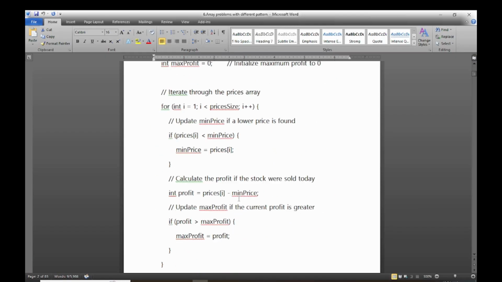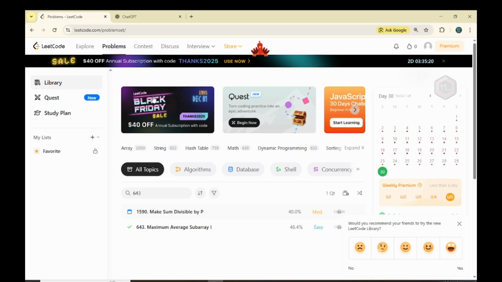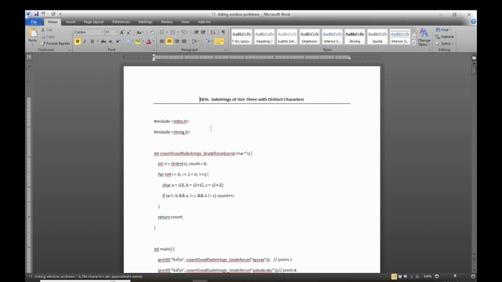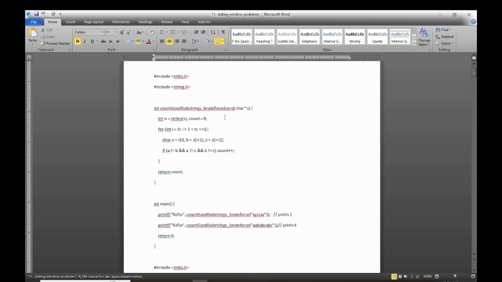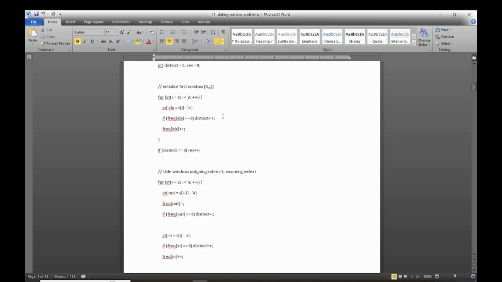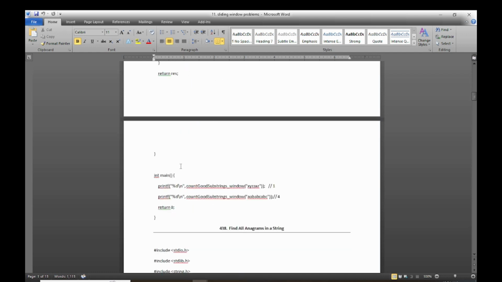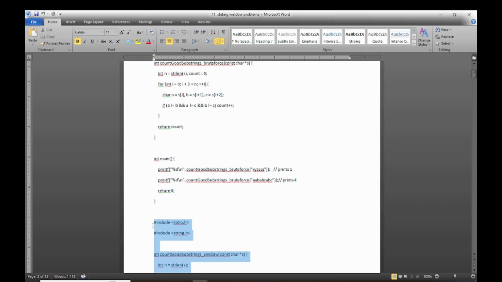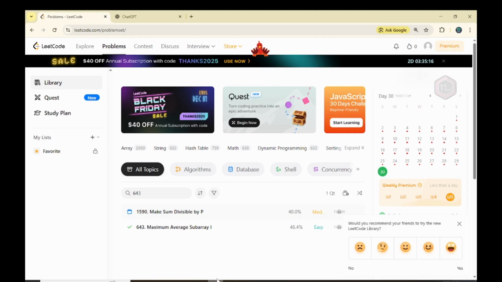So our next problem was substring of size 3 with distinct characters, right? So we just need to revise them again and again.